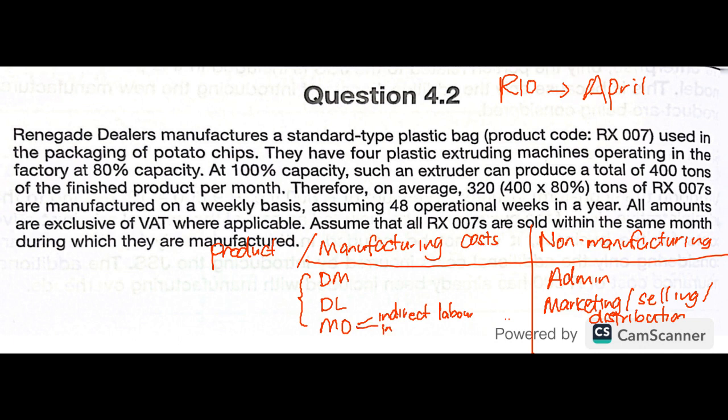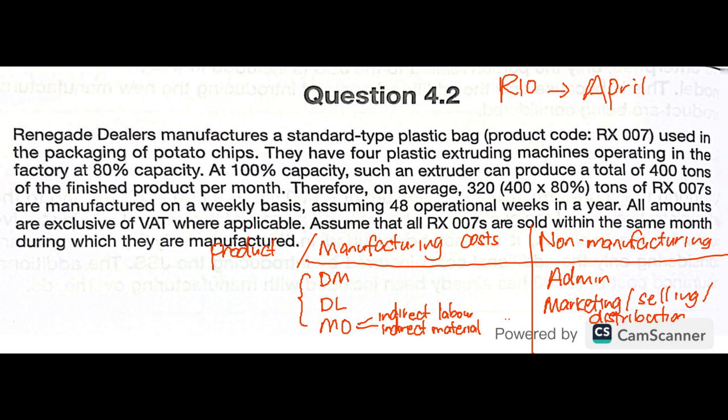So indirect material is the first one we discussed just now, and then indirect labor also falls into the category of your manufacturing overheads. So as you can see so far, your manufacturing overheads is made up of your indirect labor and your indirect materials, but manufacturing overheads is all of the costs apart from direct labor and direct material that are involved in the factory, like I mentioned.